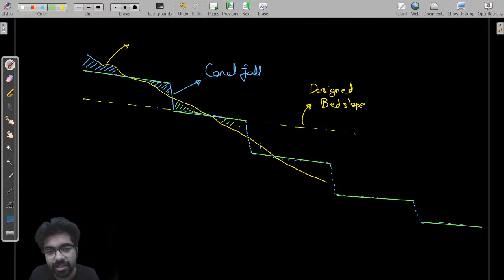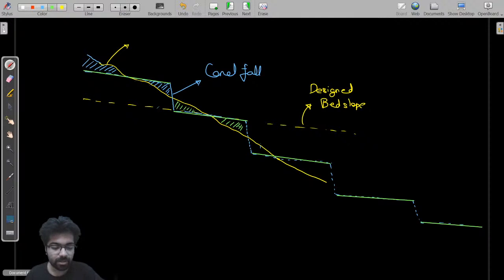After the soil has been excavated from here and filled in this area, this will become leveled and equal to the design bed slope which you want to provide. So there will be no problem. I hope you have understood.